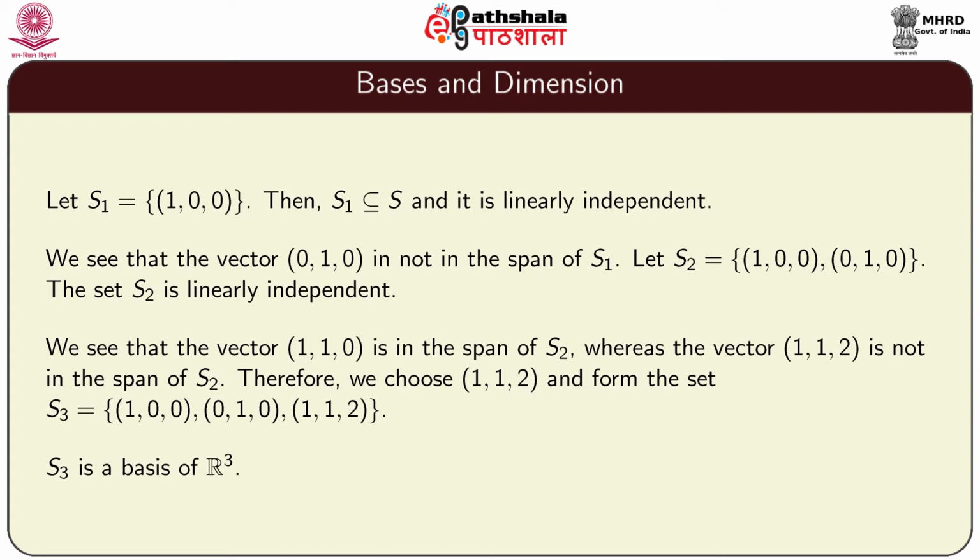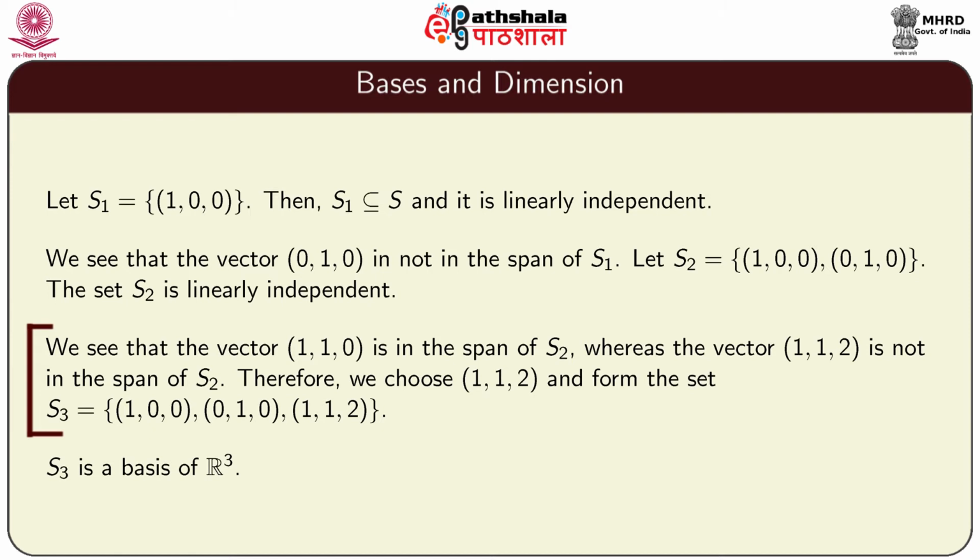Now, it is time to choose one more vector, and we see that the vector (1,1,0), which is in S, is in fact in the span of S2, whereas the vector (1,1,2), which is also in S, is not in the span of S2.